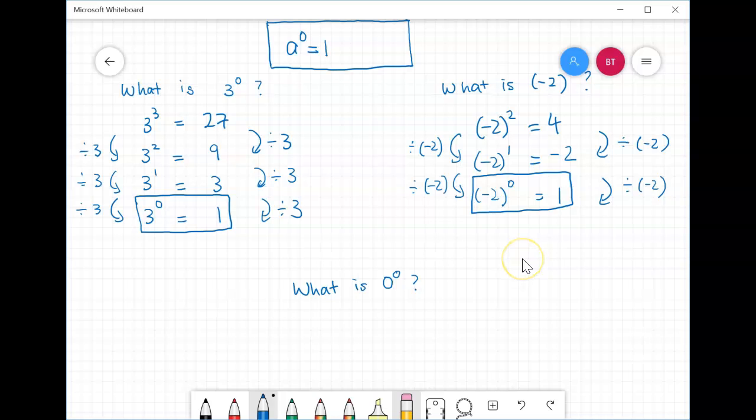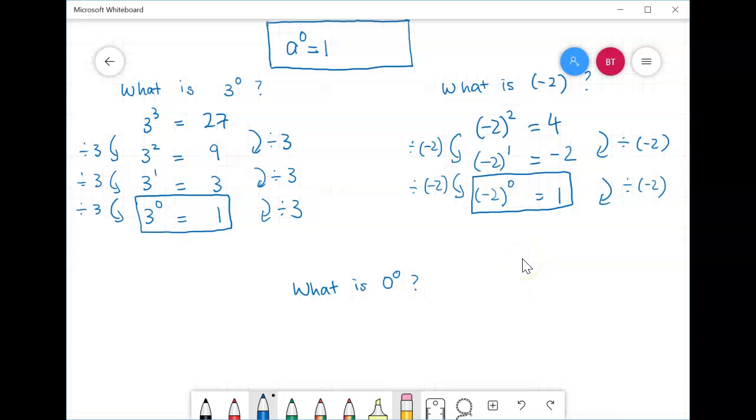Well, if a is 0, can we still apply this sort of argument? Let's try from 0 to the power of 3, and we know that 0 to the power of 3 is just 0. The whole general approach of this argument that we've seen previously is that we are always dividing by the same base in order to use law 2.